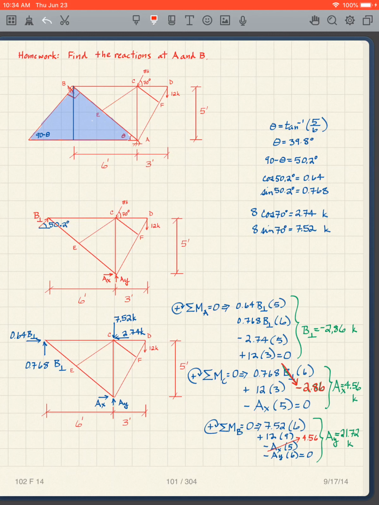So, now that we've done this so many times, I'm not going to dwell on it. This goes upward to the right, so we have upward to the right. This one goes downward to the left, so we have downward to the left.